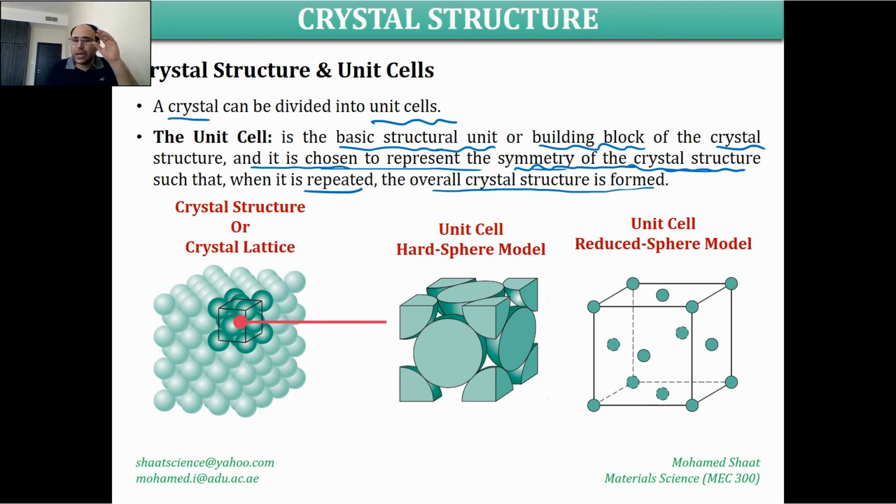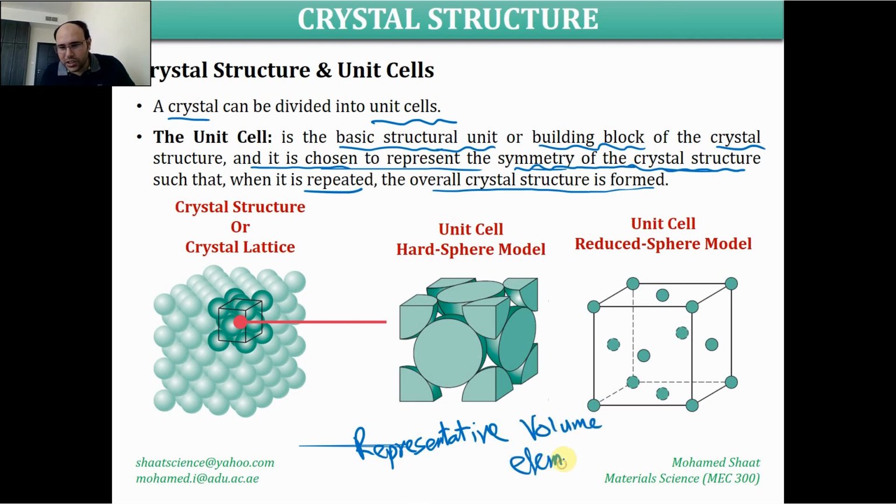The properties that you determine from this study of the unit cell will be the same properties of the entire crystal. Make sense? So we could even give another name to this unit cell, a representative volume element of this crystal.